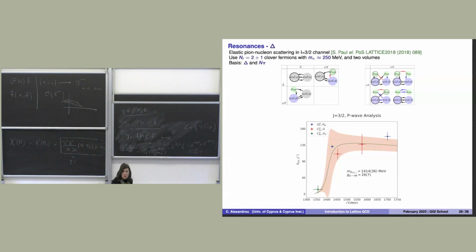They are very challenging, but this is what we're trying to do. The rho and the delta are the cleanest because they decay mainly to one channel. So we want to understand how to develop techniques here and then go forward. So this concludes this lecture. I'm sorry I went fast, but now I go to the next one.